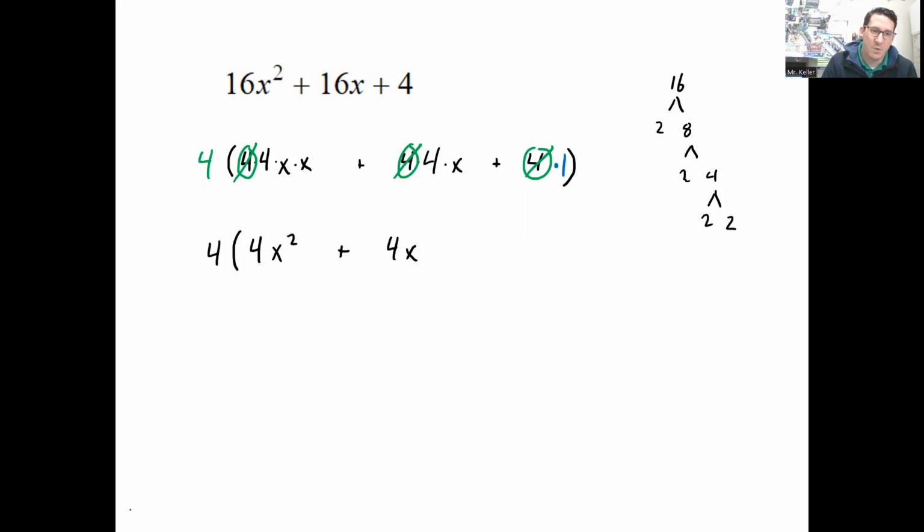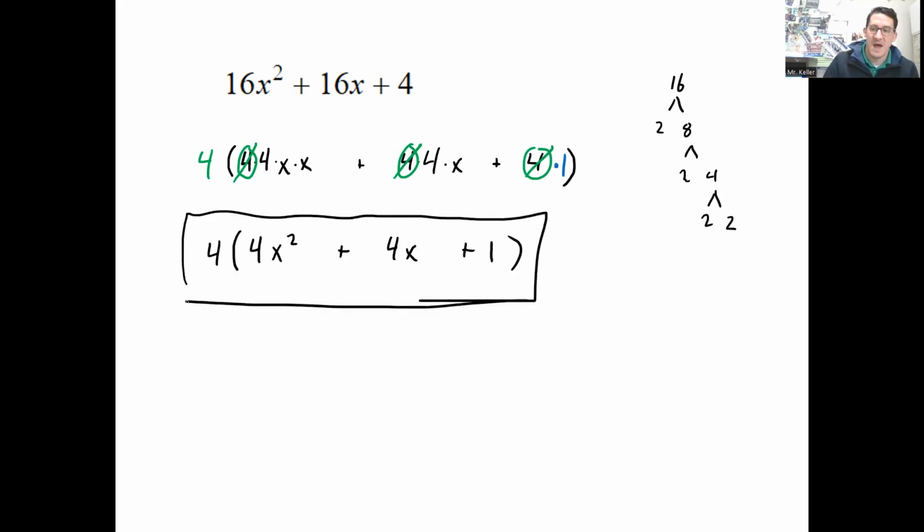When we take out a 4, there's still a 1 left there. So we have to include that 1. If we were to distribute the 4 back in, that 4 shows up at the end. There's something to multiply by. So when you take everything out of a term, there's still a 1 left over there. And there we have it.